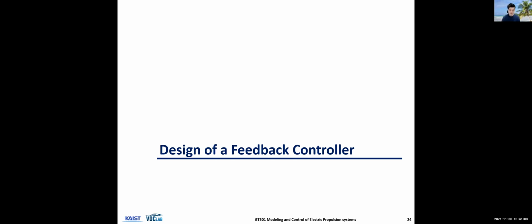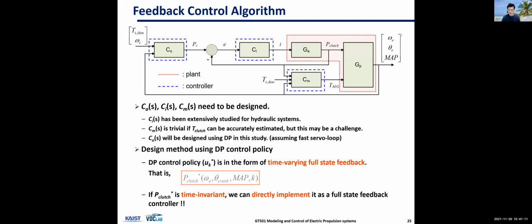So these slides show that, and for time availability, I'll have to move fast. This is the proposed control architecture. This is the plant itself, and this is the actuator of the clutch dynamics, which we neglected for the DP problem.